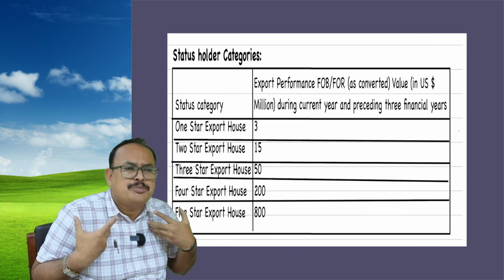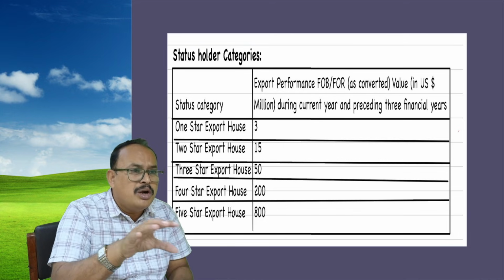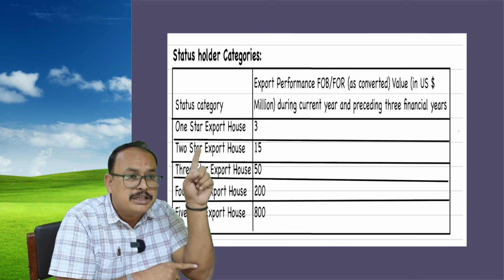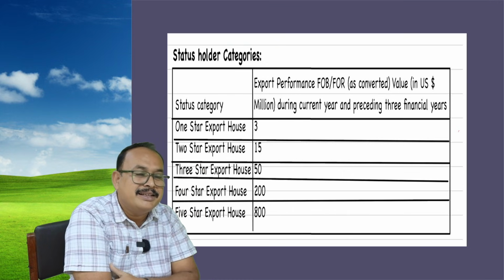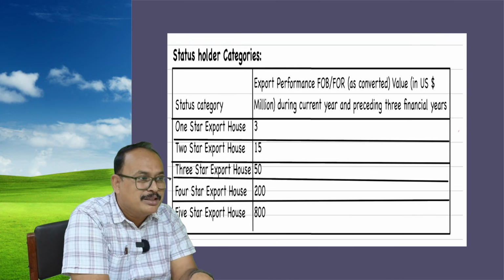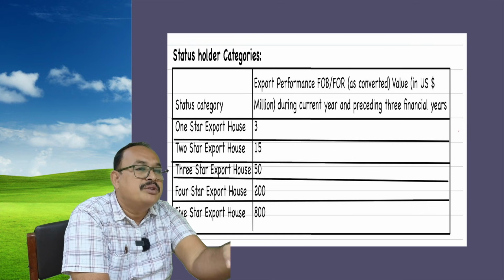I am an export house, my dear. If I import the goods, only for what purpose? Manufacturing in India. After that, finished goods I am going to export. In that case, why should I pay import duty? Allow me to import the goods without payment of import duty.